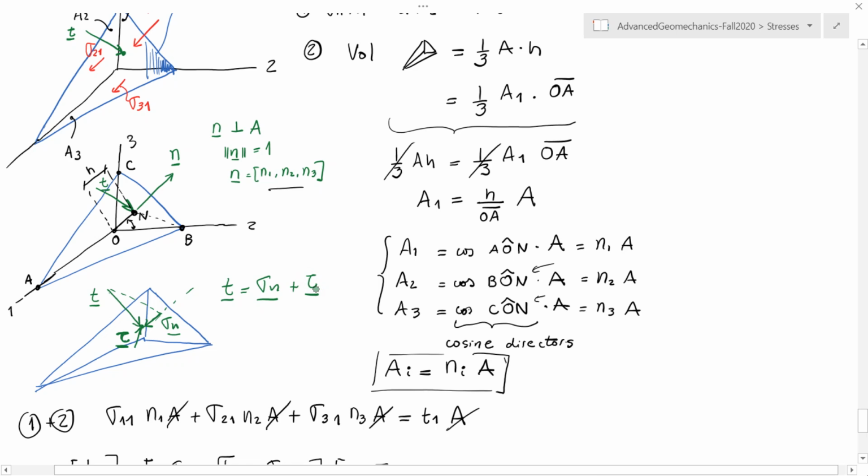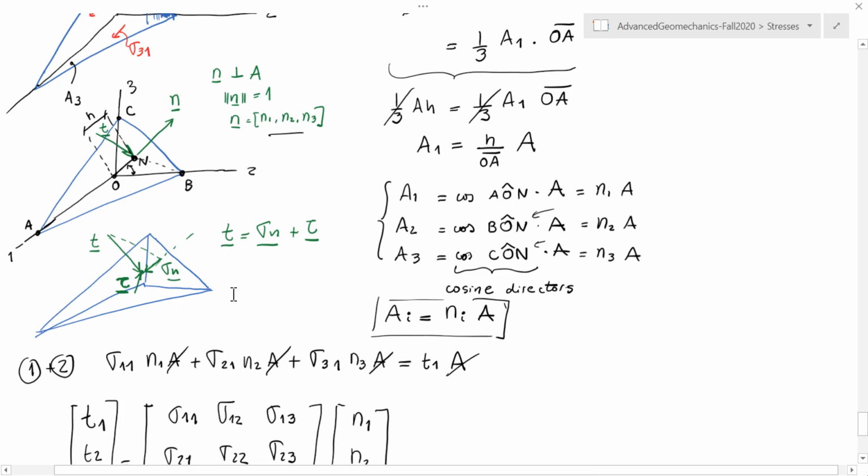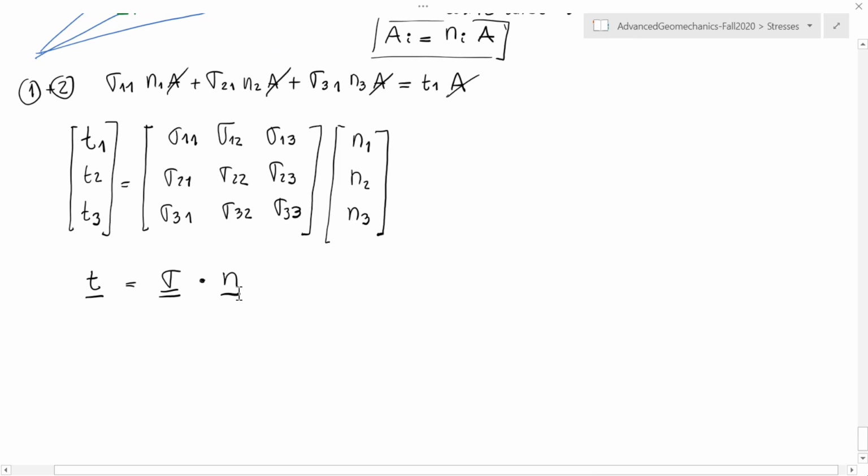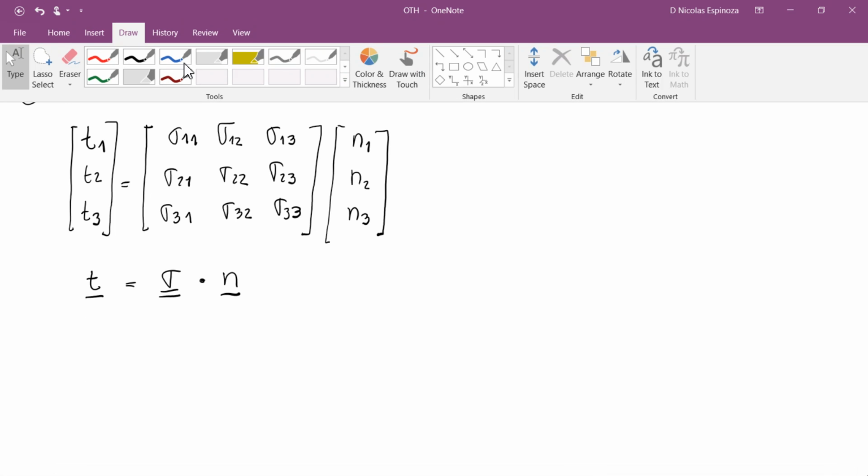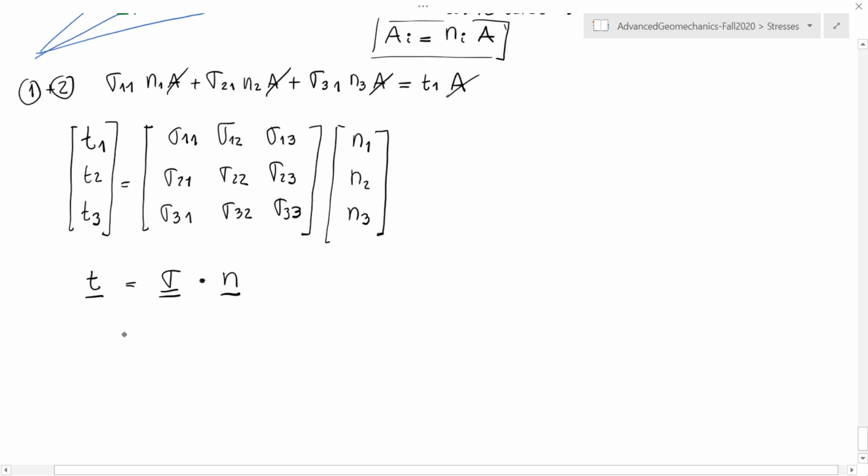So if we want to calculate, for example, sigma n, what we're going to have to do here is to multiply T times the vector normal to the plane. The value of sigma n, the magnitude of sigma n, is going to be equal to the dot product between T and direction n.